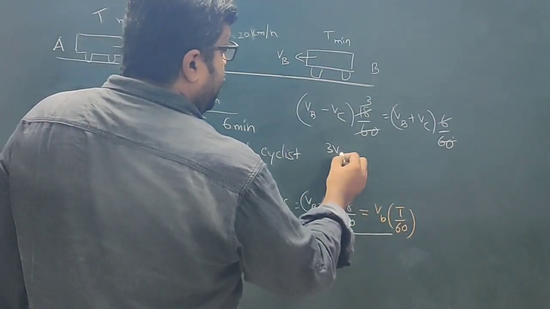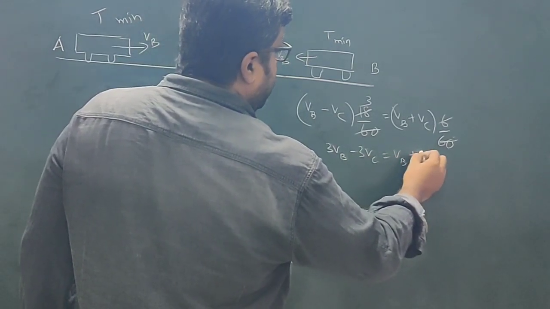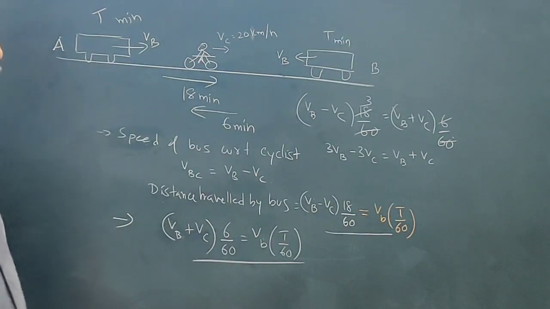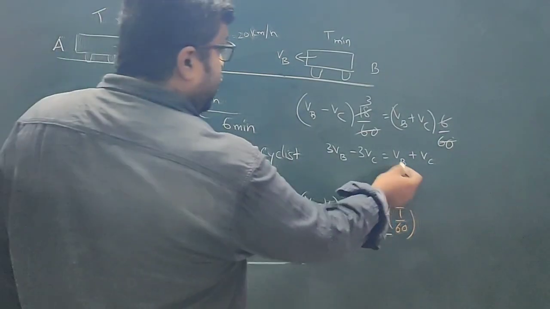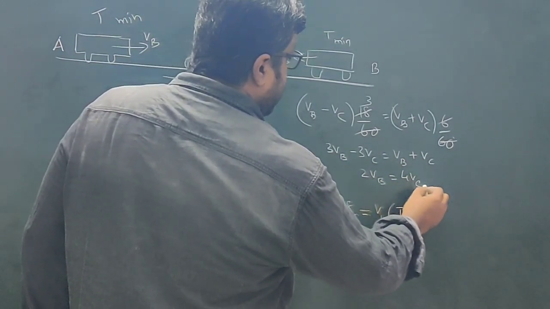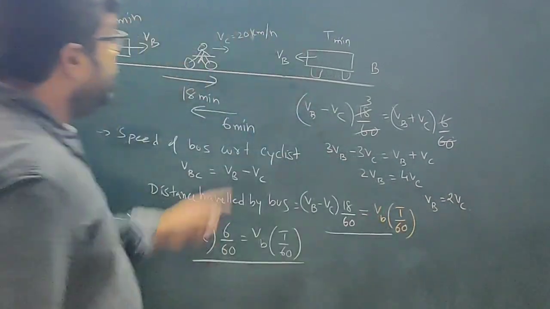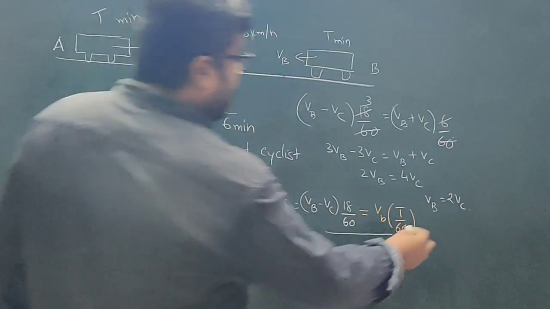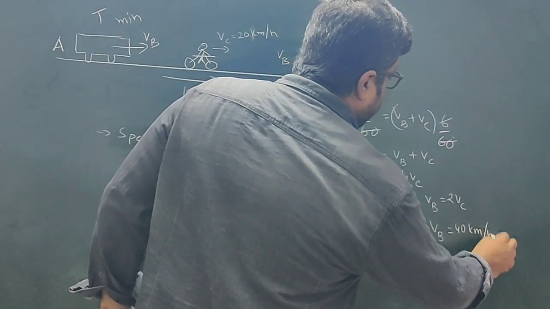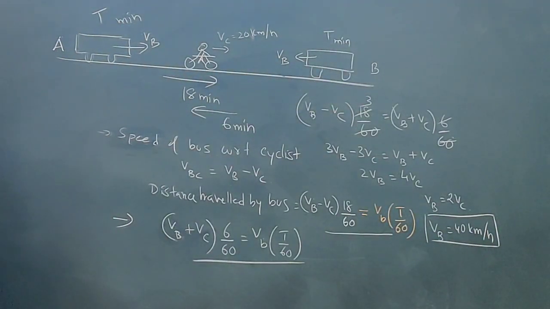So 3VB minus 3VC is equal to VB plus VC. VC is already given as 20 km per hour, and we have to find VB. So 2VB is equal to 4VC, or VB is equal to 2VC. Now VC is 20 km per hour, so VB is equal to 40 km per hour. So the speed of the bus is 40 km per hour.